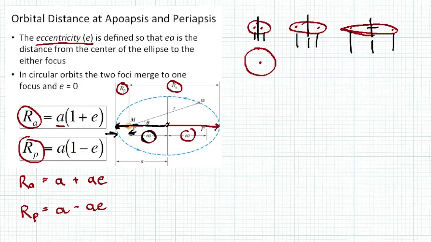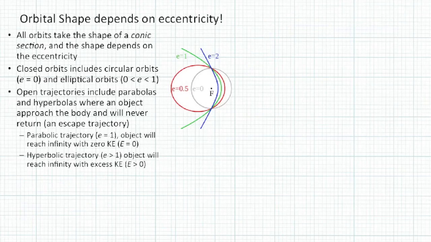Again, all this from here all the way out to the edge, that's our A. And if we add from here to here, that's our AE. Again, I realize I marked up all over that, but all this plus that is our aphelion radius. One more slide before we actually get into a couple examples.